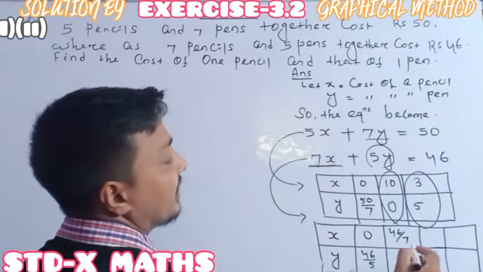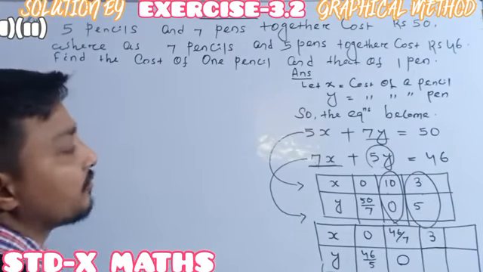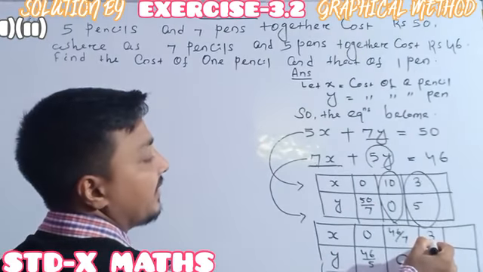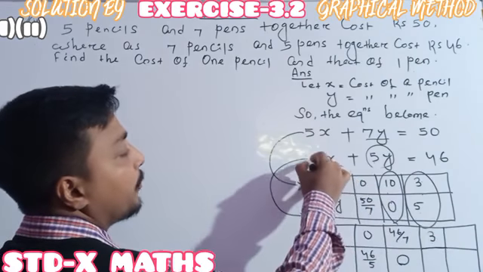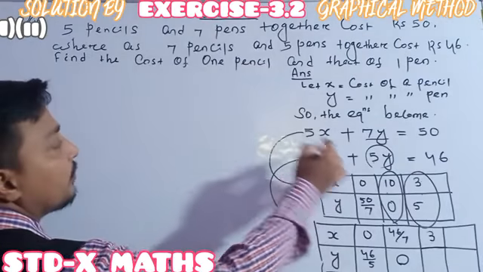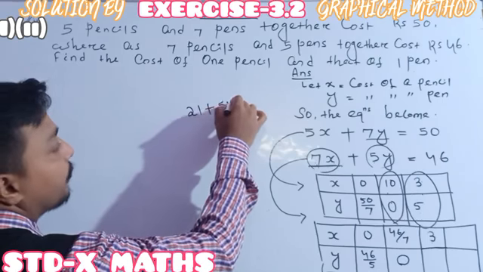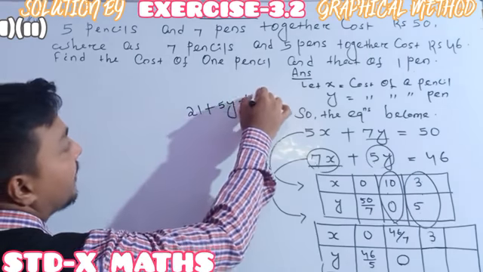Suppose we take x equal to 3. For the second linear equation, on putting x equal to 3, it becomes 7 into 3 equal to 21 plus 5y is equal to 46.